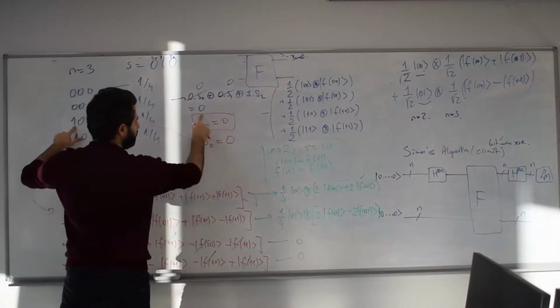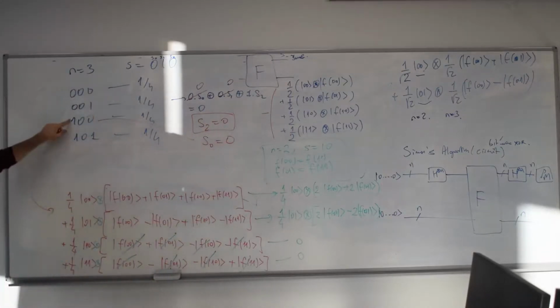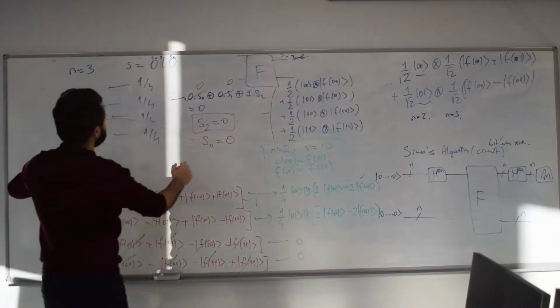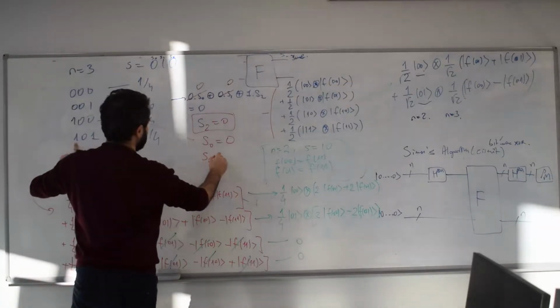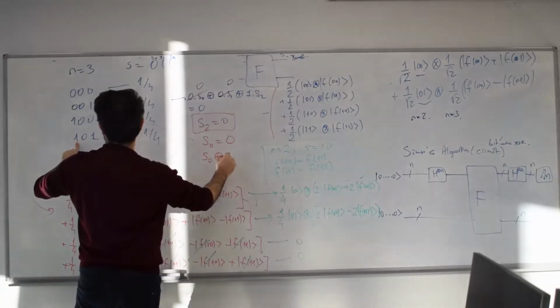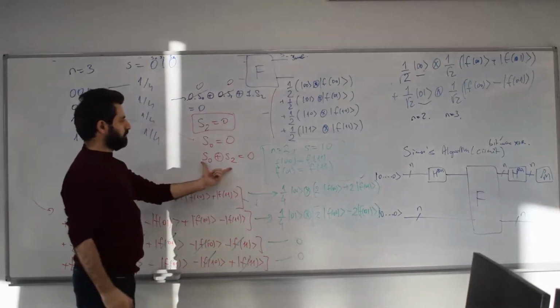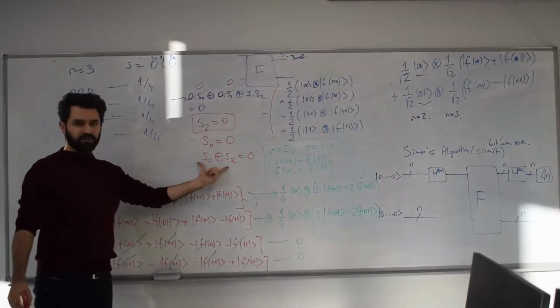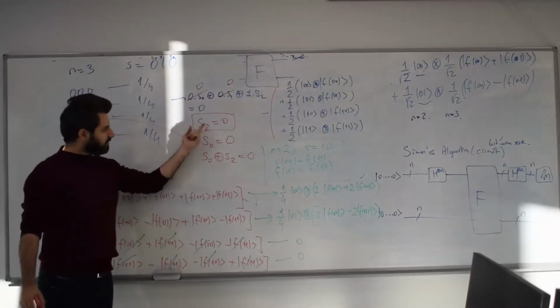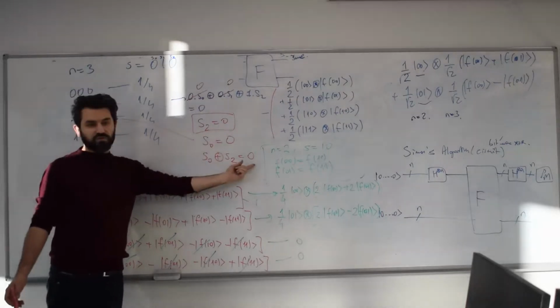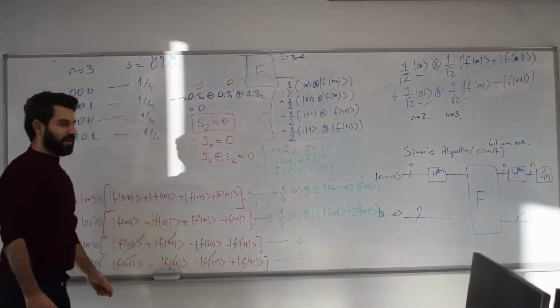Because the outcome is 0, S0 is also 0. How about this? This is telling you that S0 XOR S1 XOR S2 is 0, and that confirms it. You already figured out S2 and S0 are 0, and their XOR is also 0. So that is also true.